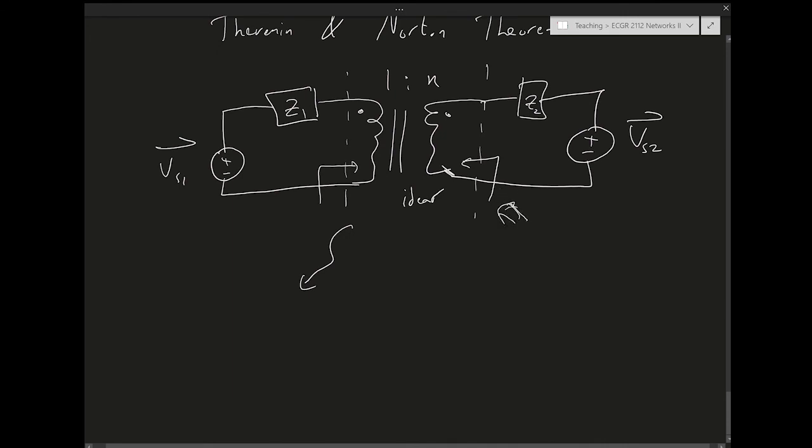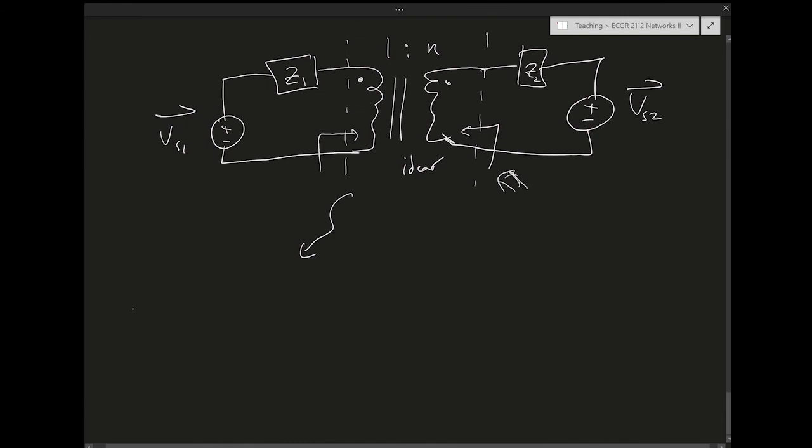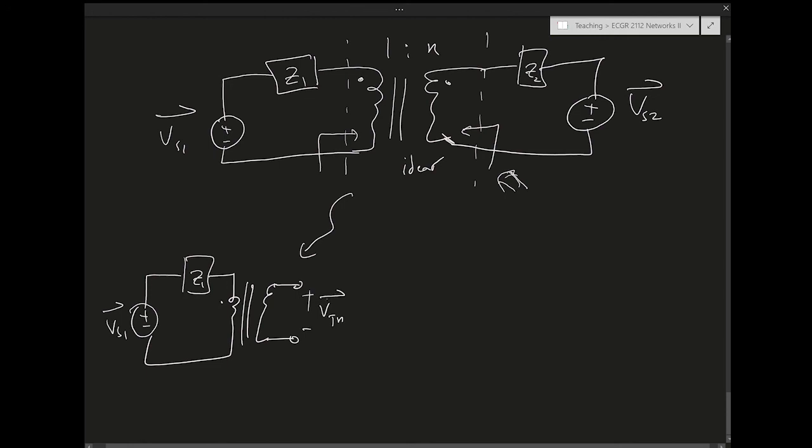Here I'm dividing the circuit into VS1, then Z1, and then the transformer, and I'm trying to find the Thevenin equivalent. V Thevenin is the V open circuit. I open the circuit, and the rest of the circuit is Z2, VS2, whatever.